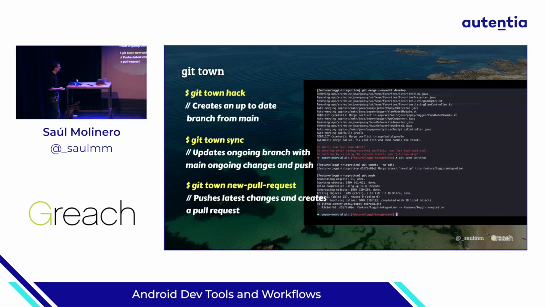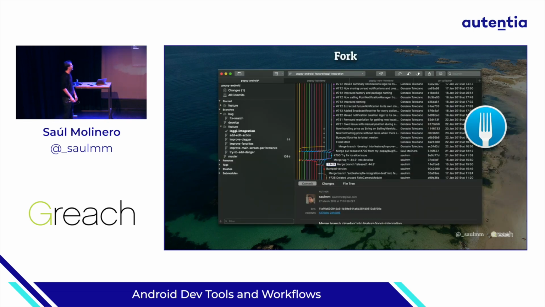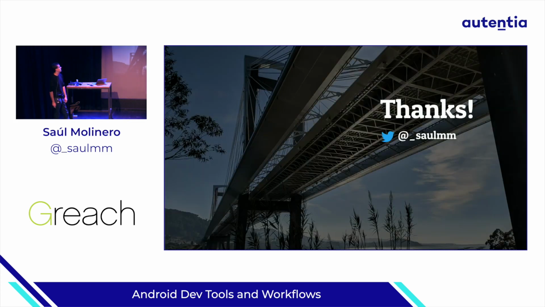So it's a very good thing to automate stuff. And if things go crazy, which they usually do, I use Fork when I have to cherry pick too many commits, to rebase interactively, and to delete a huge amount of branches or something like that. I use Fork, and we use Fork, and it works well for me.